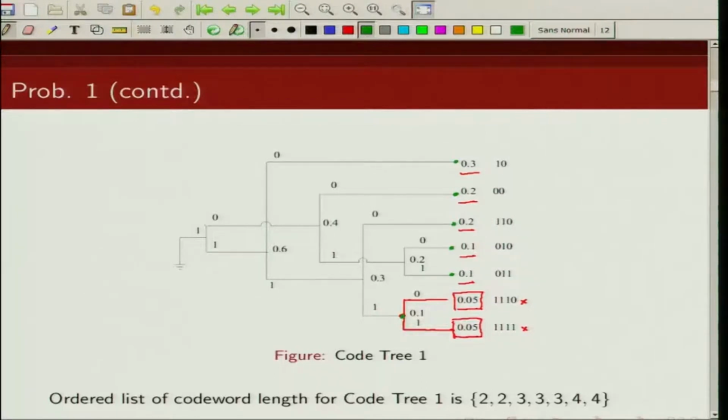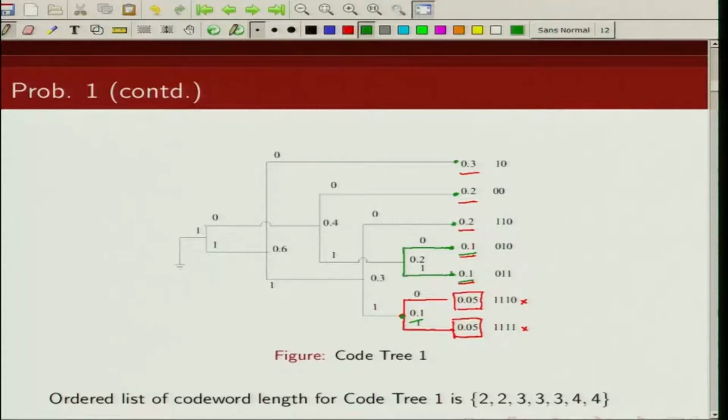Now note, we have 3 nodes and leaves which have probability 0.1. We could combine any two of them. In this case I am just combining these two.